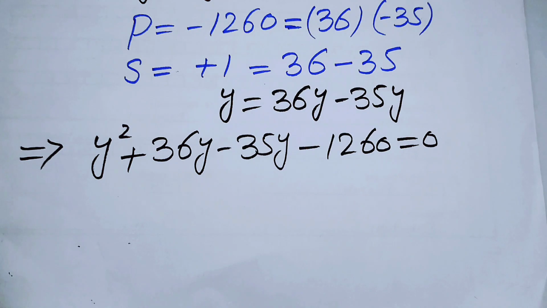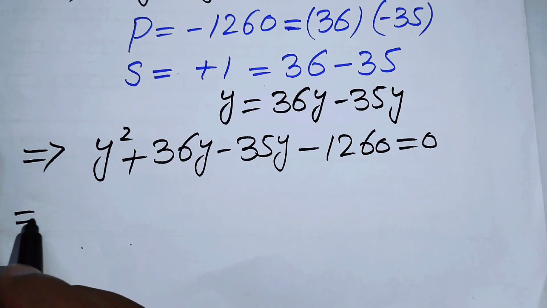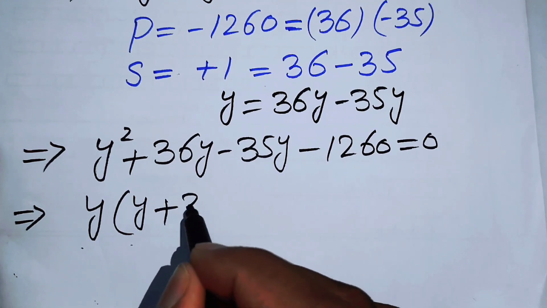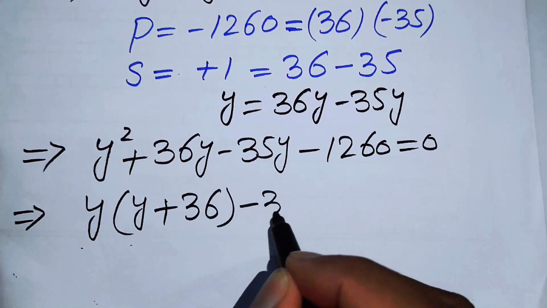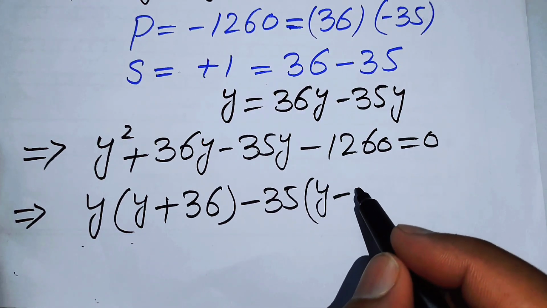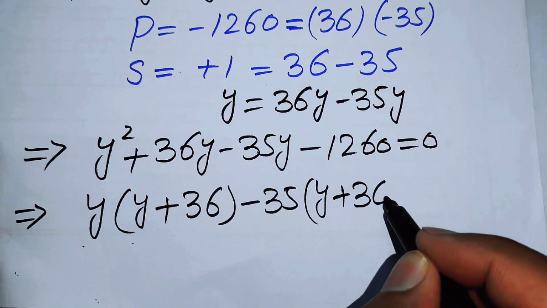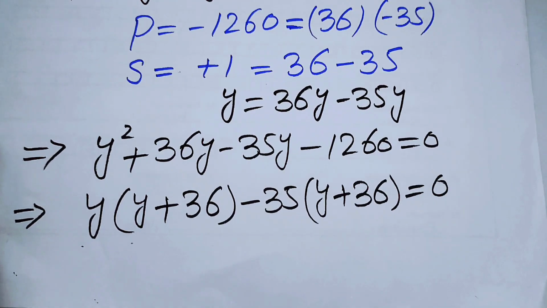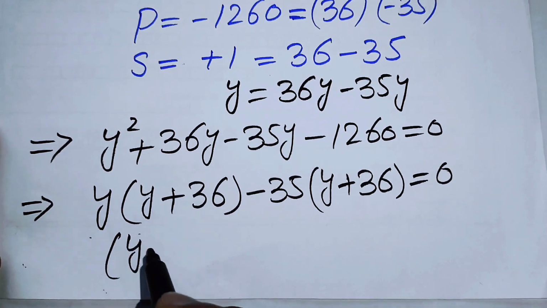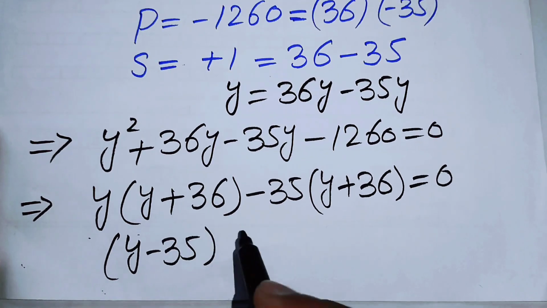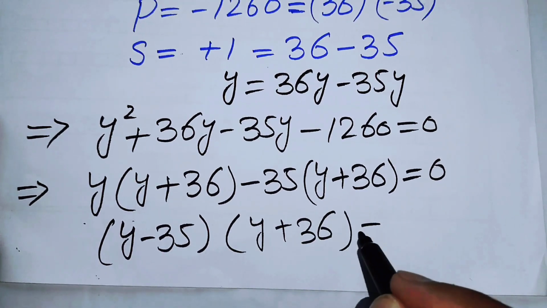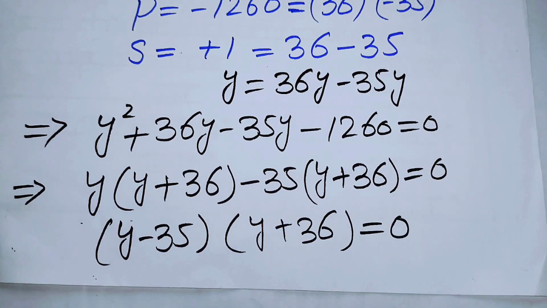Now we will take common y from the first two terms and you get y times y plus 36, and from the other two terms take common 35 and you get y plus 36. Now you can take common y plus 36 from both terms and you get y minus 35 times y plus 36 is equal to 0.